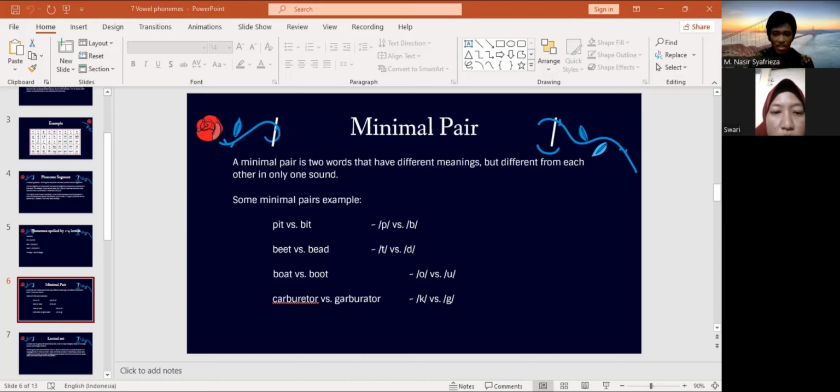For example, in English, the words pet and bed form a minimal pair because they differ by only one phoneme, the initial P sound and B sound respectively, but have different meanings.